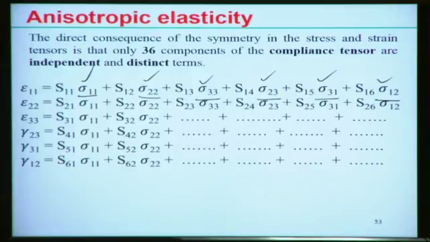So in this case we are getting 6 equations, and with the 6 by 6, that means 36, compliance terms. So those 36 compliance terms are independent and also having distinct values. So let us look into how we can reduce the compliance terms as well.